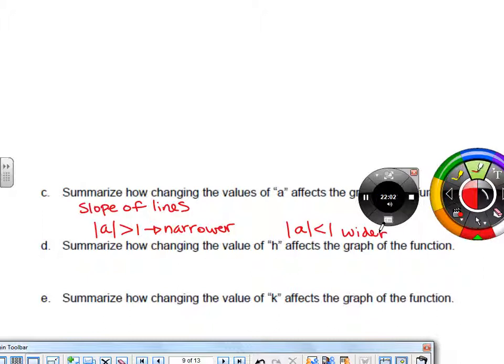Okay. How did the value of h affect the function? So if somebody missed today and they came up to you and said, what does h do in this case? What would you tell them? Minsha? Good. So it's the x-coordinate of the vertex. And like she said, basically what's happening here is this is being shifted left or right.